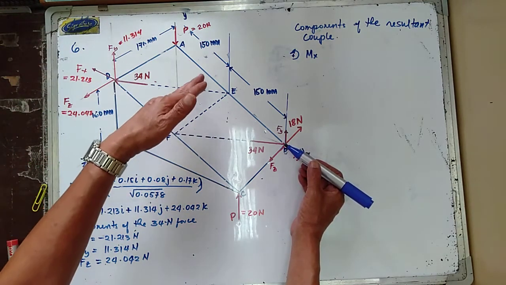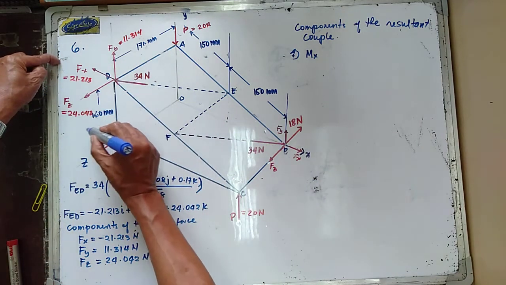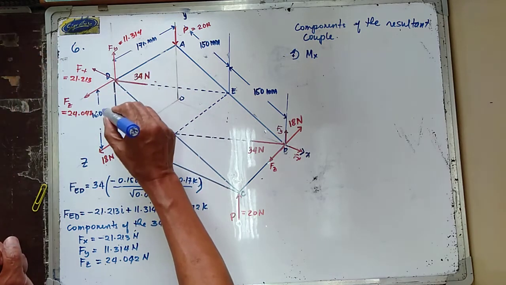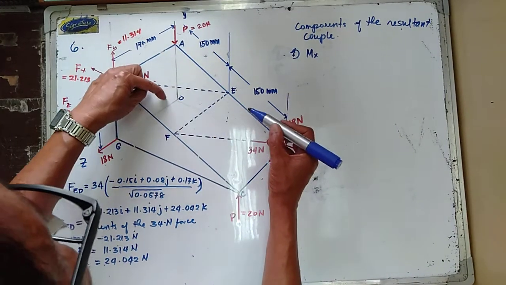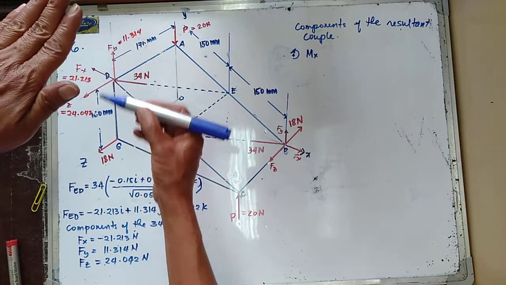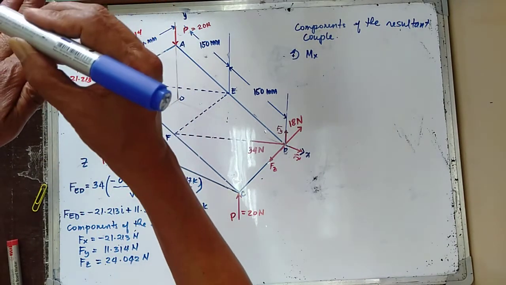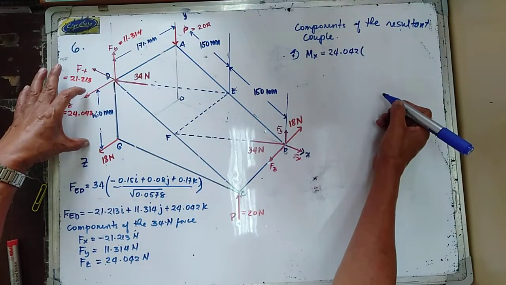So this is the x-axis, and this is your Fz. That is a counterclockwise moment, and therefore it is positive 24.042. The moment arm is 160 mm, or that is 0.16 meters.